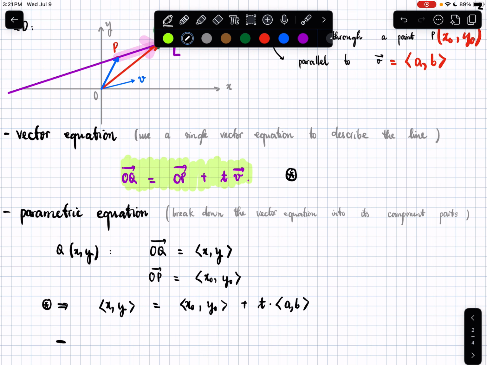This is equivalent to x equals x0 plus ta, y equals y0 plus tb.